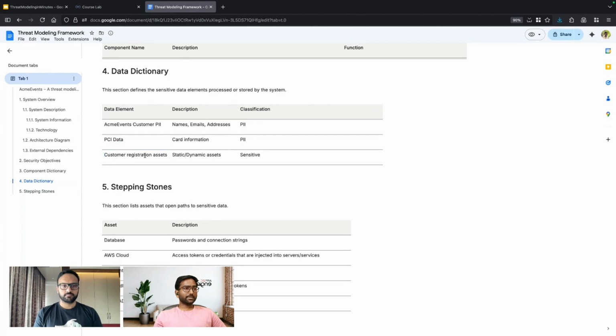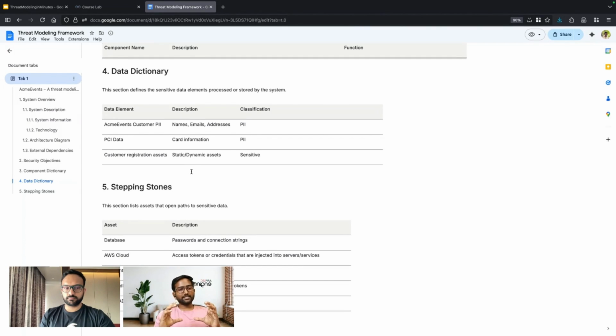And finally, customer registration assets, which could be the kind of event, where it is happening, how many people are invited, when. All of this information is going to be in static websites, or maybe some sort of form that they're filling out. If that were leaked, again, this would be customer sensitive data that we should be protecting.